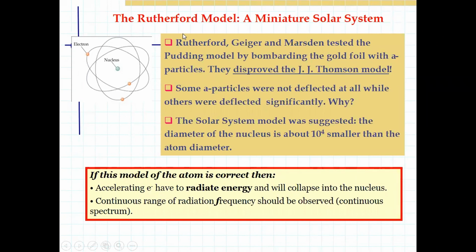And this model is basically a miniature solar system. Geiger, Marsden, and Rutherford rejected and tested the plum pudding model, and converted that model into a miniature solar model. And that solar model was the most popular model.